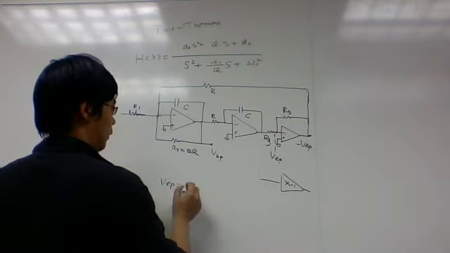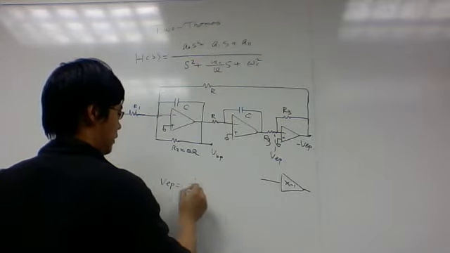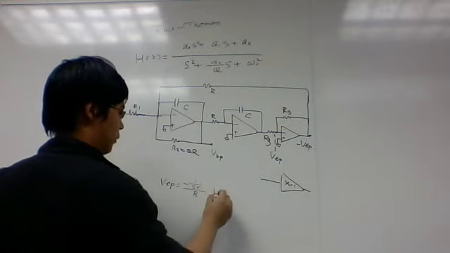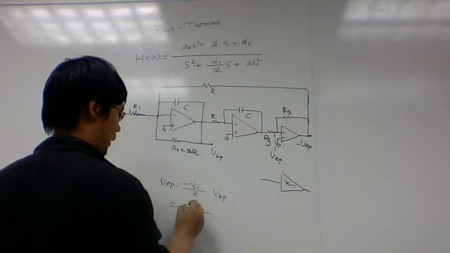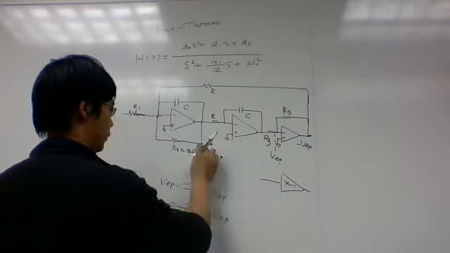So basically this one is minus 1 over SCR times VBP, the bandpass, right? This node.